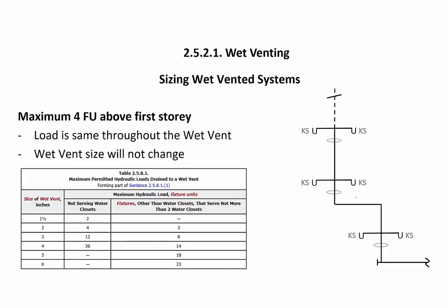Okay, so we're going to look at the next requirement for multi-story stack wet vent. When we have stack wet vents or wet vented soil or waste stack, we're only permitted to have 4 fixture units above the first story. So if these were kitchen sinks, we'll go with 1.5 inch, 1.5 fixture units each.